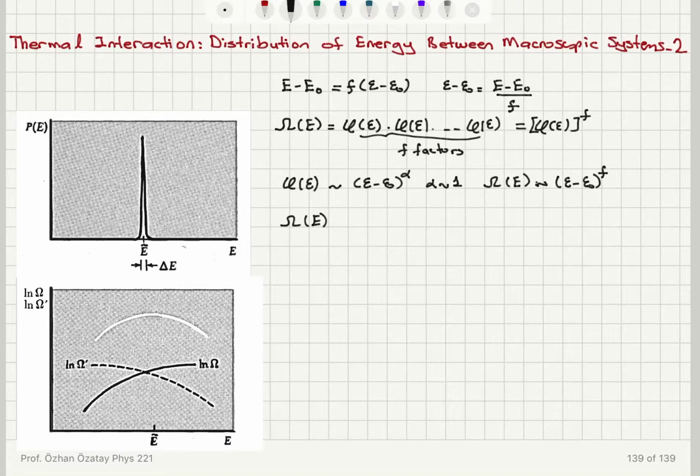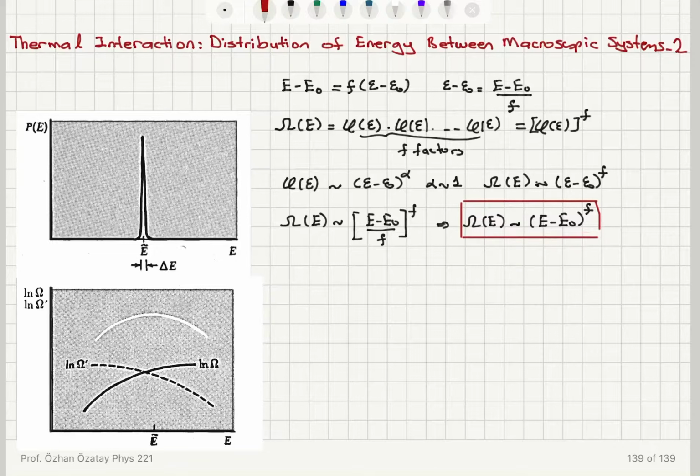So the number of accessible states goes as E minus E0 divided by f to the power f. Therefore, you can say that the number of accessible states varies with energy as the function E minus E0 to the power f. This was an important conclusion we had in our earlier discussion. So that's how the number of accessible states varies with energy E.